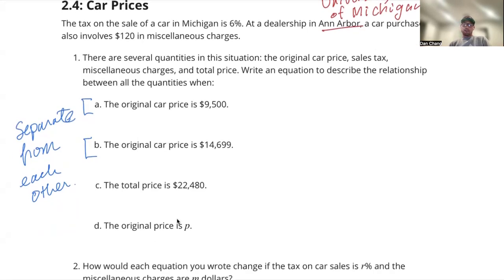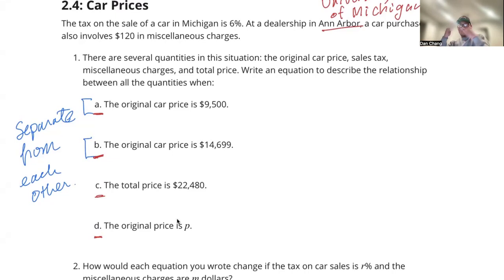Now, they give you four different scenarios. Each of these scenarios is different from each other. You're going to write an equation for scenario A, then you're going to write an equation for scenario B, then C, then D. They're all separate from each other and different. When I first read this, I thought, wait, the original car price is 9,500 and now it's 1,499.